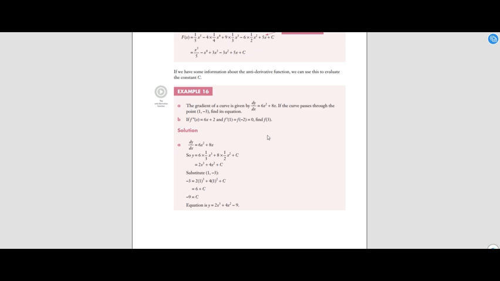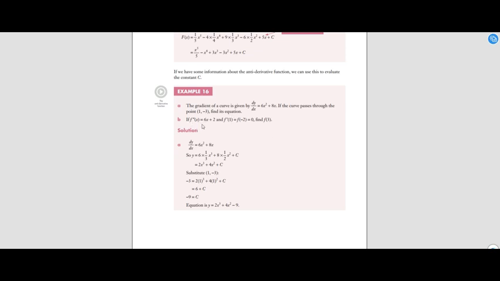So when they say the gradient of the curve, that is a derivative. They're saying the derivative is 6x squared plus 8x, and they're also adding a little twist: the curve passes through the point (1, -1), find its equation, okay?